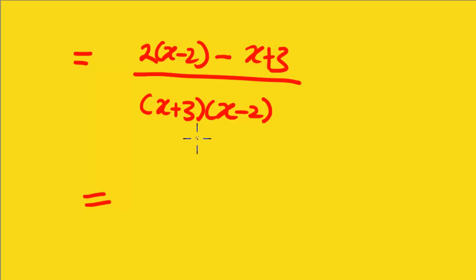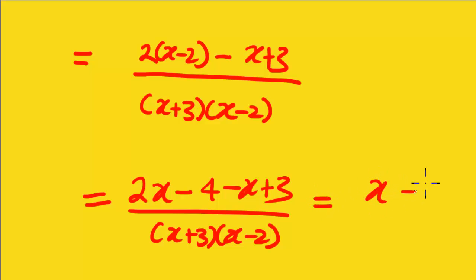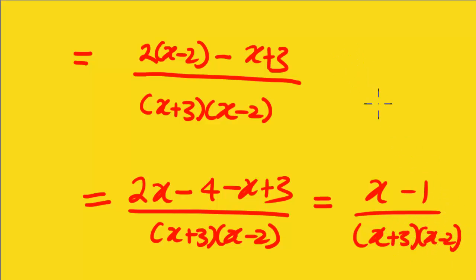I'll probably have a video lesson on algebra and multiplication, but for some of you who already know, 2 times x minus 2 is 2x minus 2 times 2, which is 4. And then you have minus x plus 3. I'm just going to leave the denominator like this. And when you simplify this, you get x minus 1.